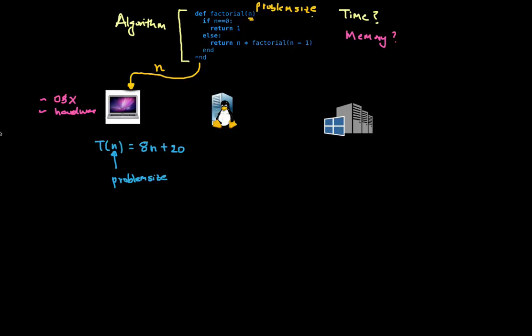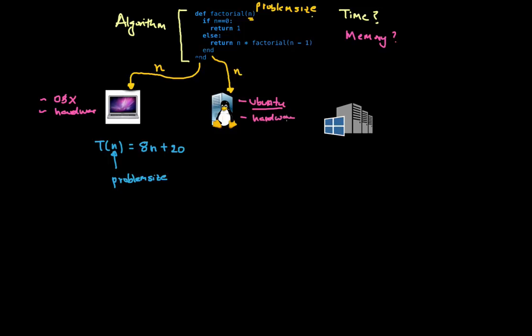When I take the same algorithm and run it on a Linux machine, it still depends on n, the problem size. I must still give it the problem size n. But this computer could be faster or slower in comparison to the Mac computer, based on the hardware and software running there. Let's say this is running Ubuntu, which is a version of Linux, and it has some hardware specs.